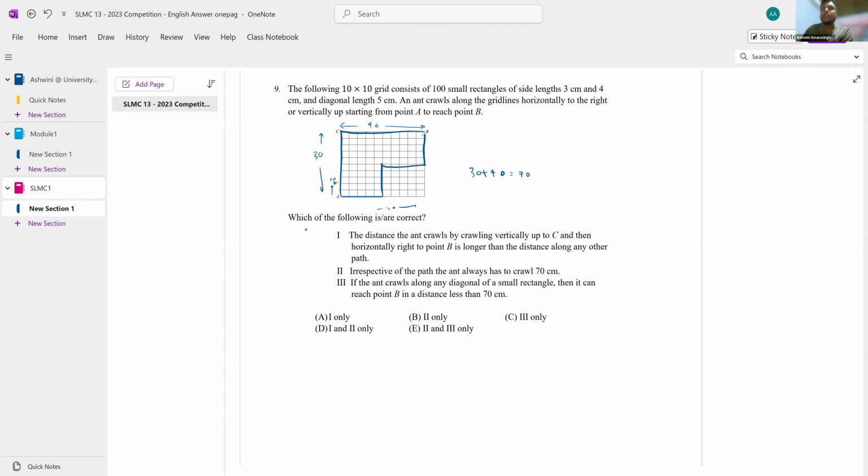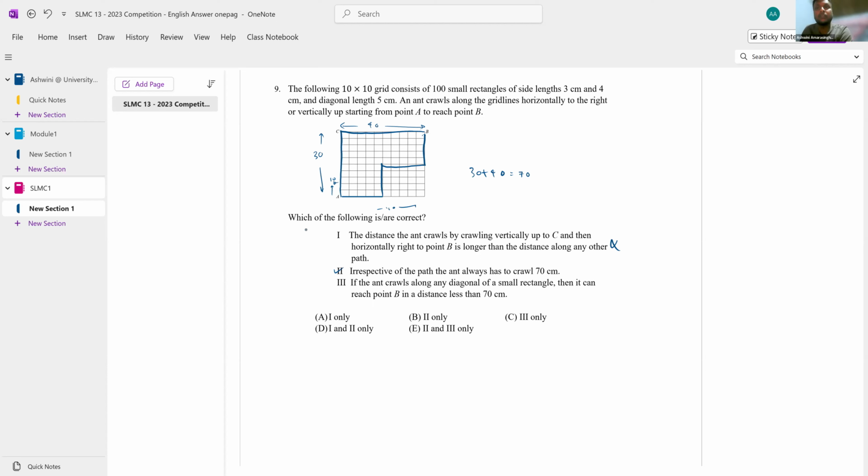Okay, and that would be, the second one would be right. Irrespective of the path, you will always have to travel 70 centimeters. The distance covered by crawling vertically up and horizontally right is longer than any other distance. That's wrong, because all of these are the same in length.